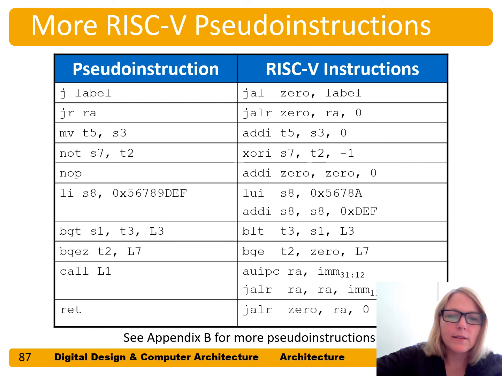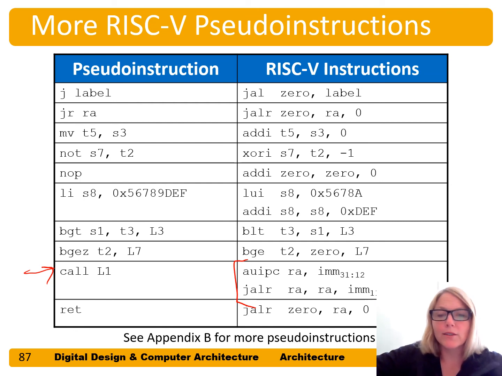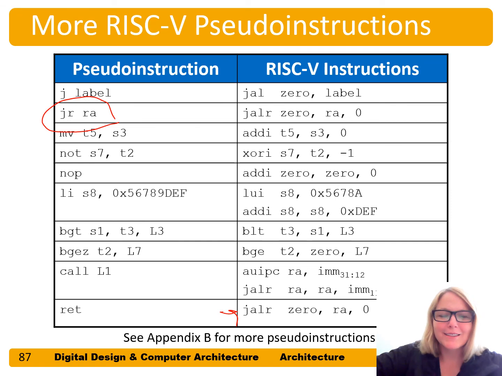And call allows us to make a procedure call to a faraway instruction, one where we need to encode all 32 bits of the destination address that we're calling. And return is jump register RA, which is also written like that. That's the real instruction, but also the same as the other pseudo instruction JR RA.